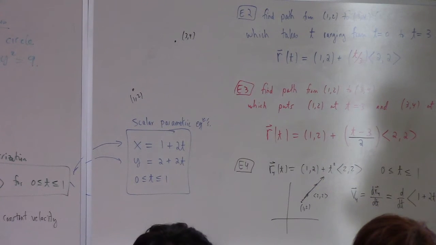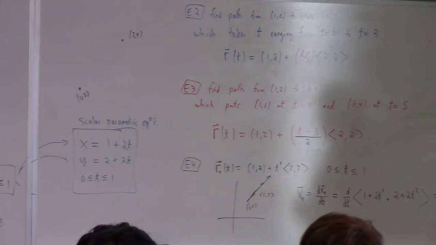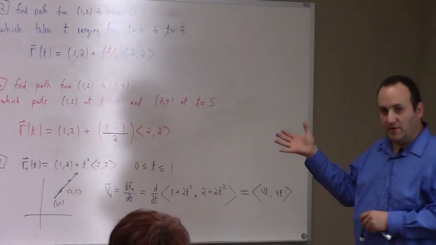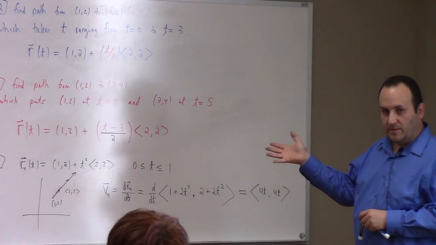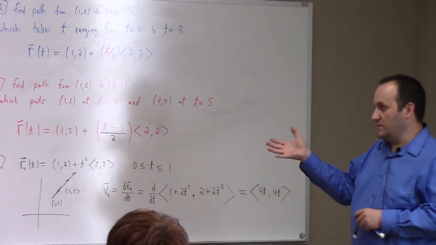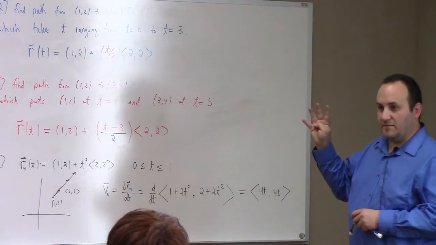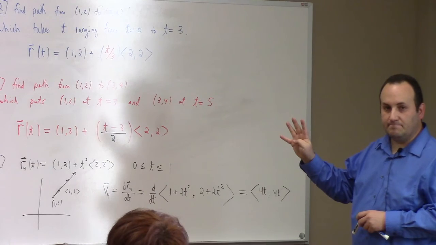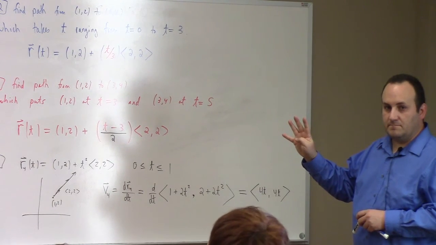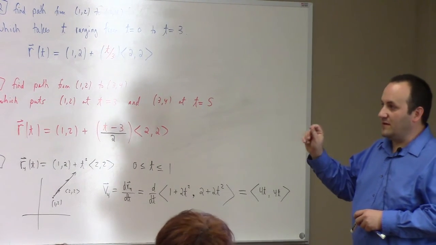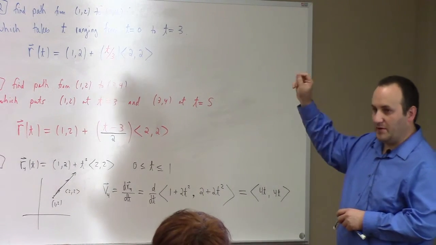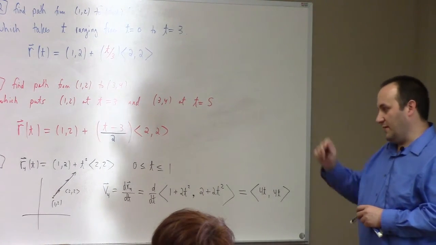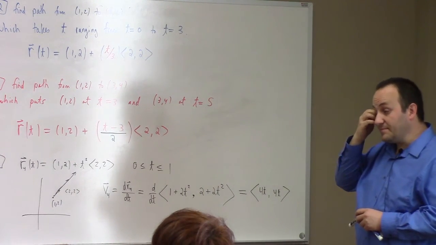So here are these 4 examples. These are all parameterizations of the same curve. The curve is the line segment from 1, 2 to 3, 4. These are 4 separate parameterizations. There are many, many different ways to cover one curve using different paths.